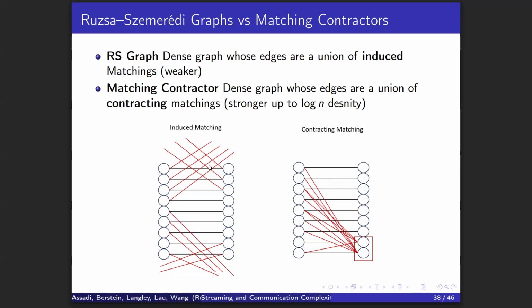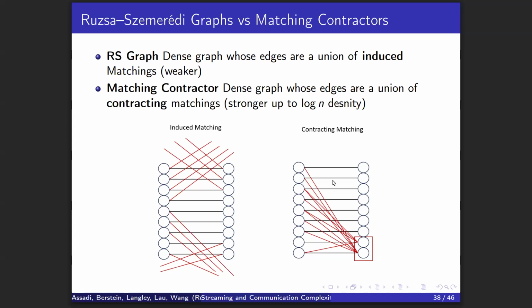So the Ruzsa-Szemerédi graph is a dense graph where every single edge is part of an induced matching. Induced matching just means I have two sets of vertices and a matching between them, such that all the other edges adjacent to these vertices are leaving these two sets, like this.